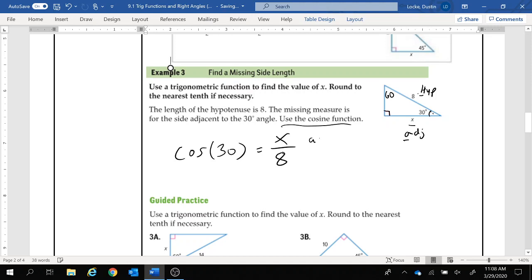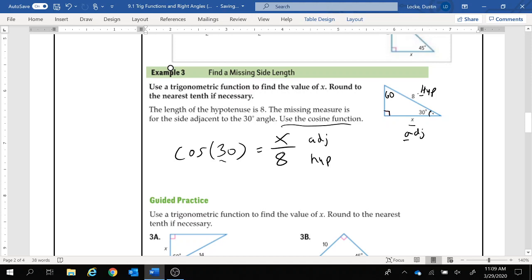So notice this is the ratio for cosine, right? Just like we did before, except now we're writing it with variables because it has a missing side. We don't have all the sides given. Okay, and notice how I also put the angle here, right? Before we just put theta or a variable, but now we're actually going to put the angle inside of it.